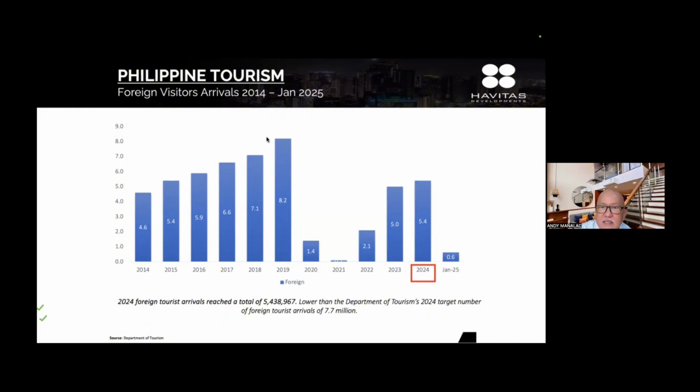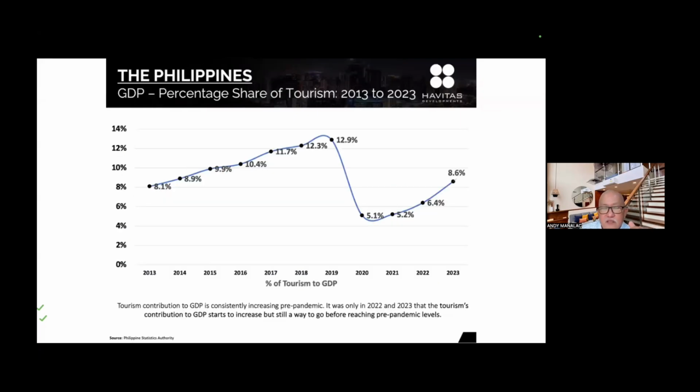We did not hit it. However, just check this out. We broke the record. The tourism industry broke the record in terms of tourism revenues. We did not hit the number of foreign arrivals, but we broke the record in terms of tourism revenues.